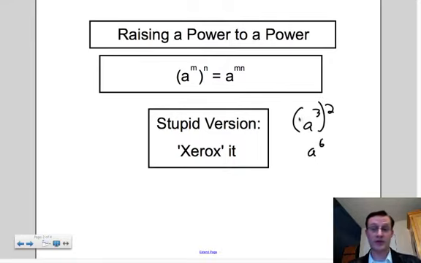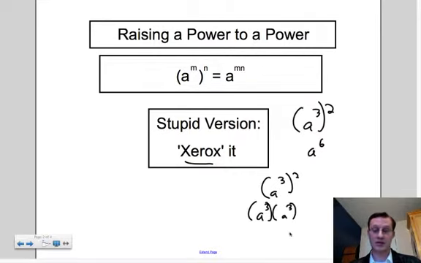Now in a more complicated version, I like to Xerox it. So if we have a to the third to the second, I'll just make two copies of it. A to the third, a to the third. And it just makes things much simpler. Now you can do either version, but sometimes it's easier with a little bit more complicated problem to go ahead and Xerox it.